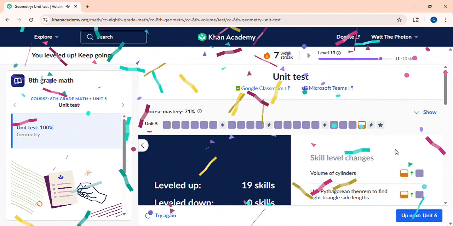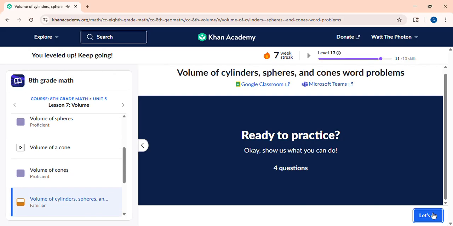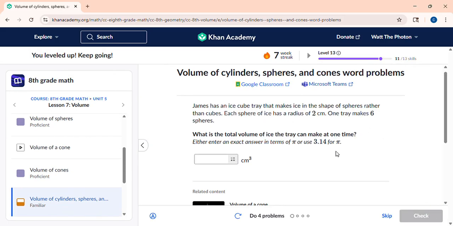Thank goodness. Let's do this question. So first we gotta find the volume of a sphere that has a radius of 2 centimeters.